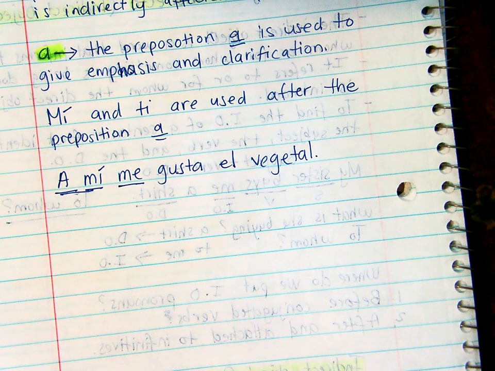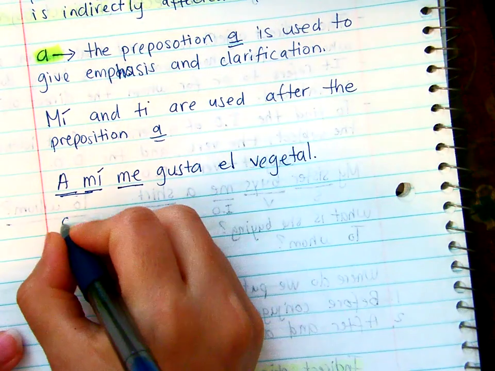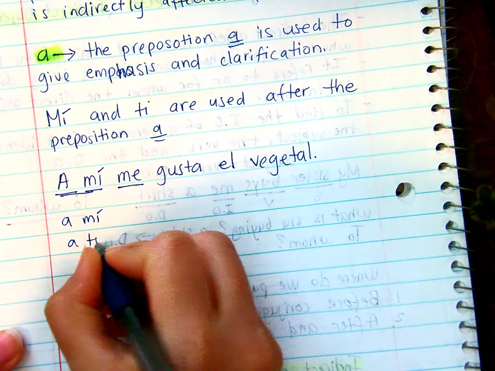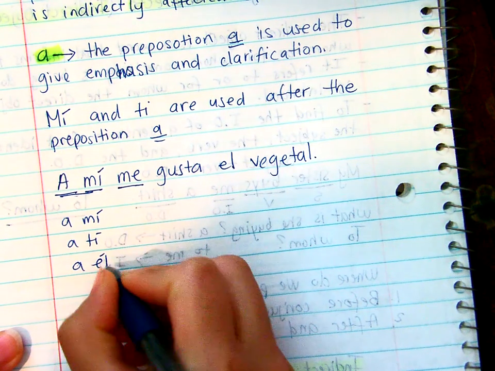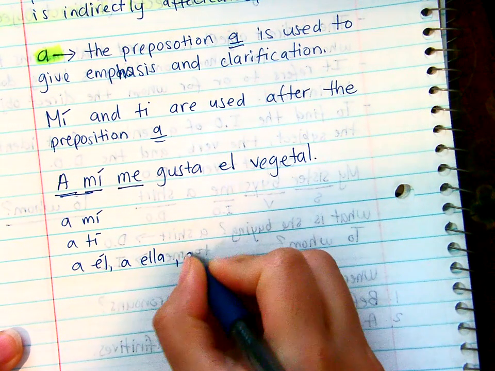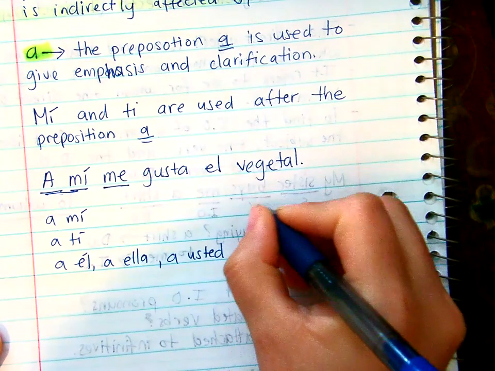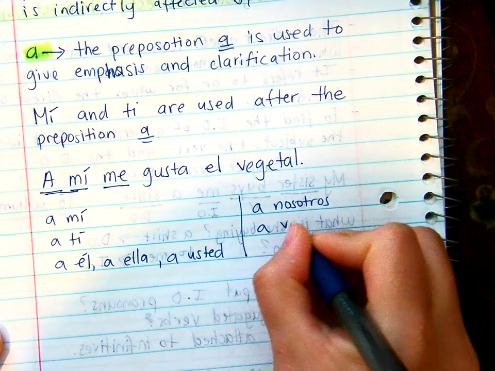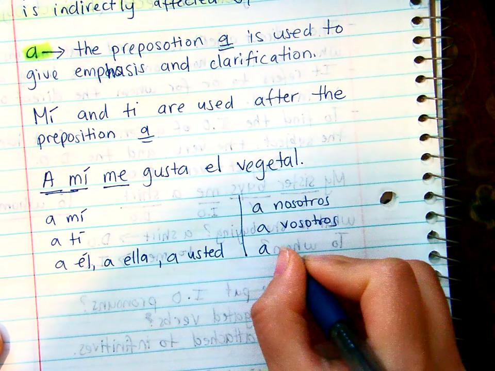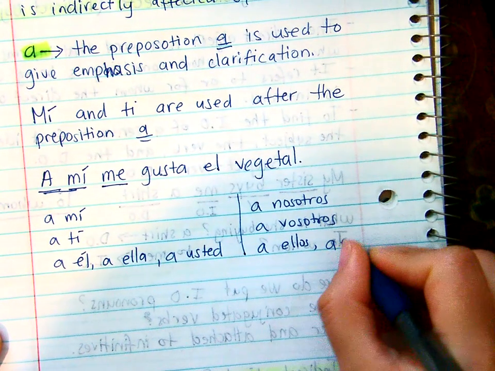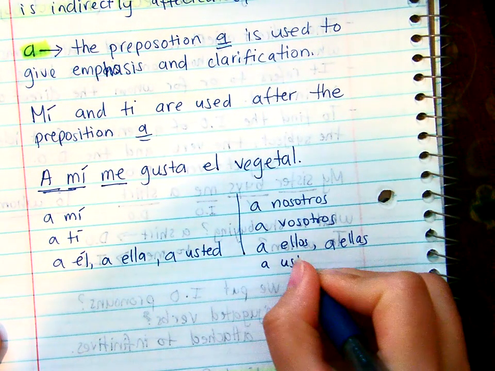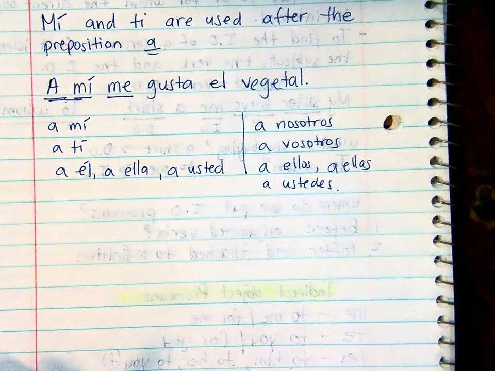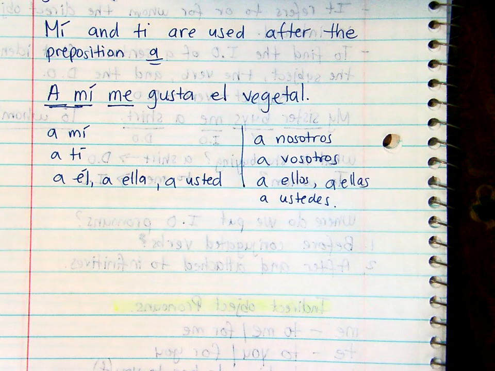A mí, a ti, a él, a ella, a usted, a nosotros, a vosotros, a ellos, a ellas, a ustedes, okay? This a is used to give emphasis, reinforcing the fact that it's for them, for he, for she. So it's just emphasis, okay?